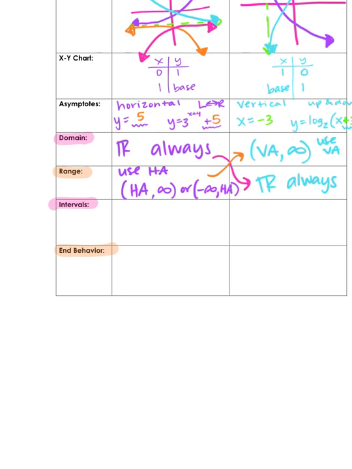So let's look at our intervals. It will either increase or decrease, never both. It's going to be one or the other. But that interval of increase or decrease will always be from -infinity to +infinity, the same as my domain.